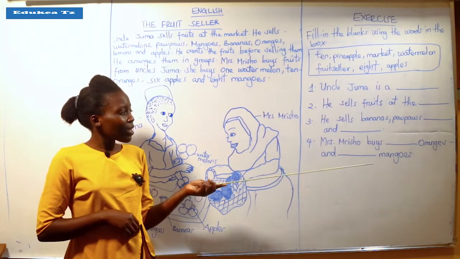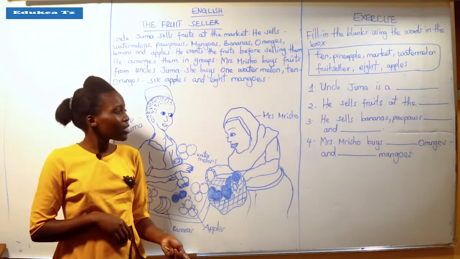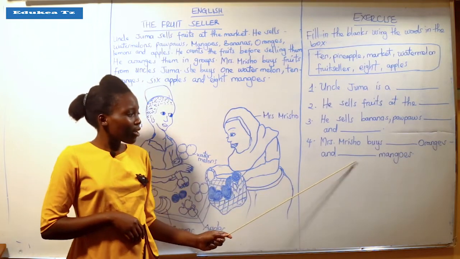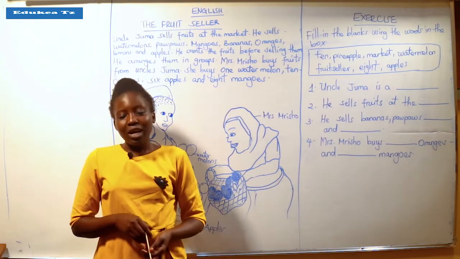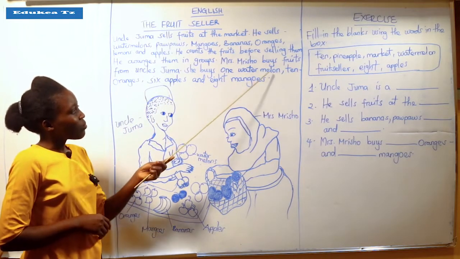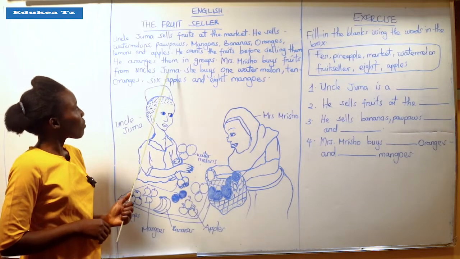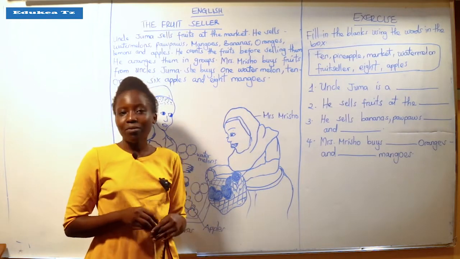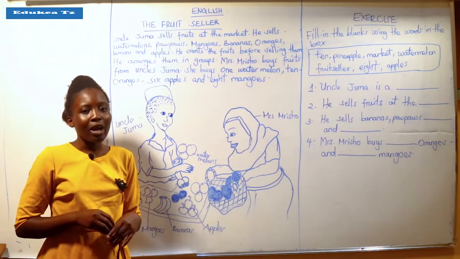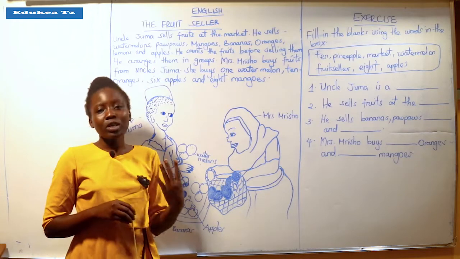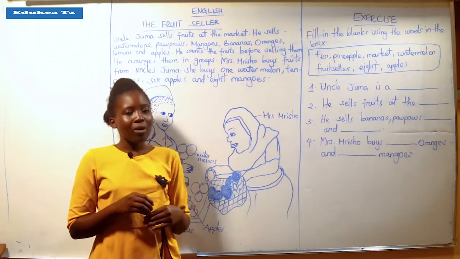After that, we come to the fourth question, which says that Mrs. Mrisho buys dash oranges and dash mangoes. As we can see from our passage, we have been told that Mrs. Mrisho buys fruits from Uncle Juma, and we have been told which kinds of fruits she buys and how many of each fruit she takes from Uncle Juma.